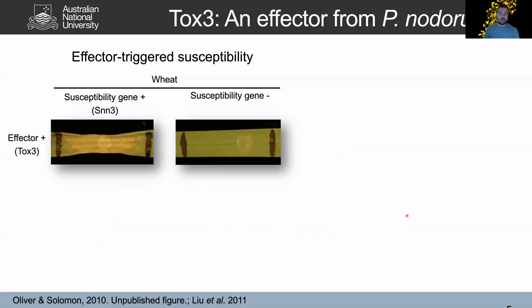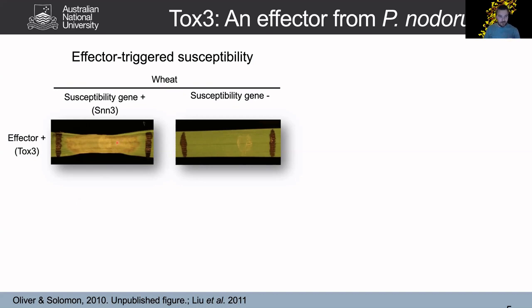So TOX3 is, I think, a pretty awesome effector protein in that when it's produced and secreted by Parastagonospora nodorum in sensitive wheat lines, so wheat lines that carry an SNN3 gene, it actually induces cell death.